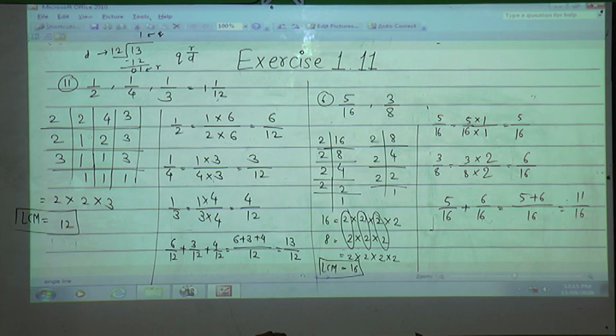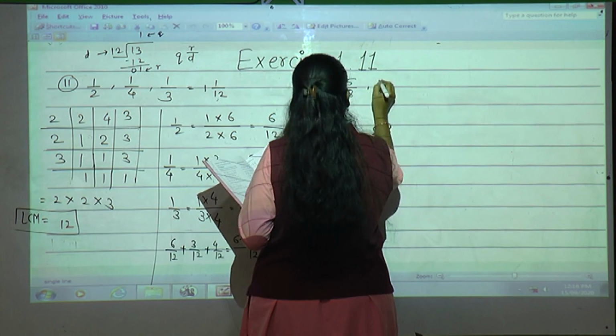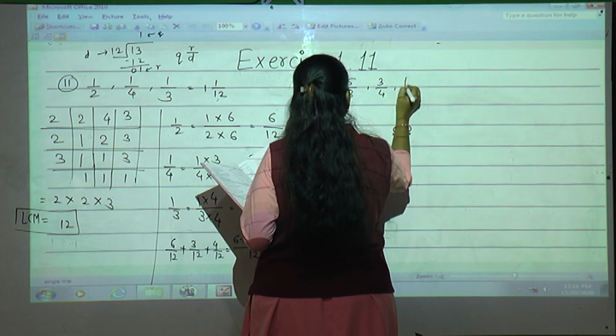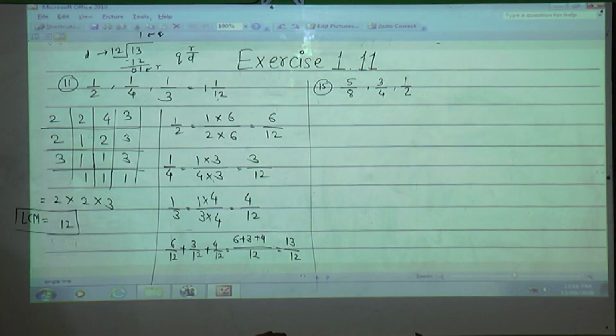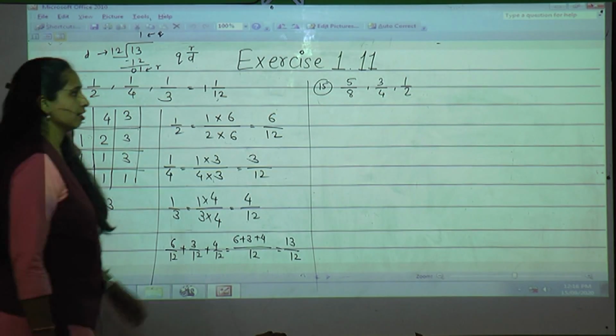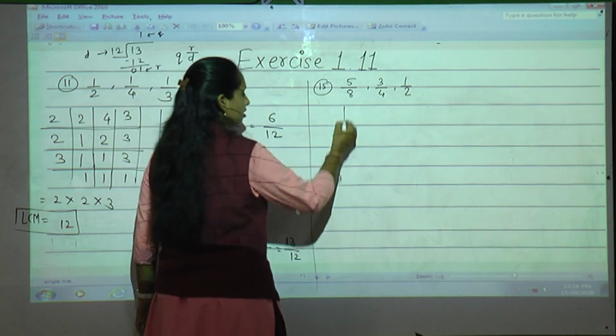Now next example I will solve for you. Now the 15th one I will solve. What is the 15th one? 5 upon 8, comma, 3 upon 4, comma, 1 upon 2. Now three fractions are there, denominators are different, so we need to find out the LCM of three numbers.